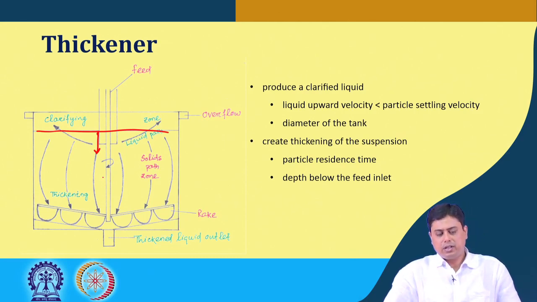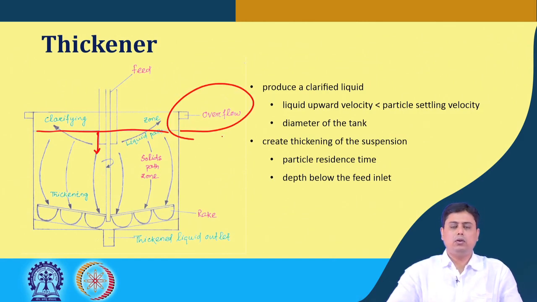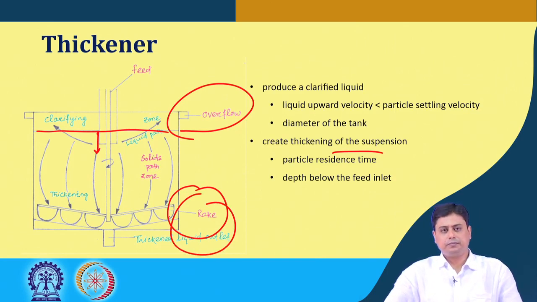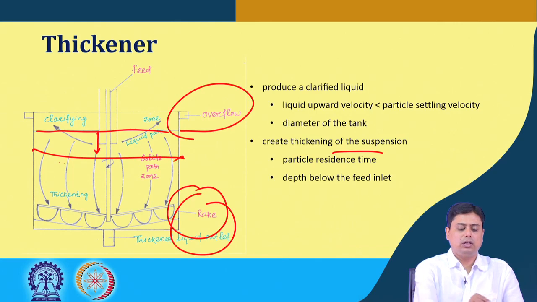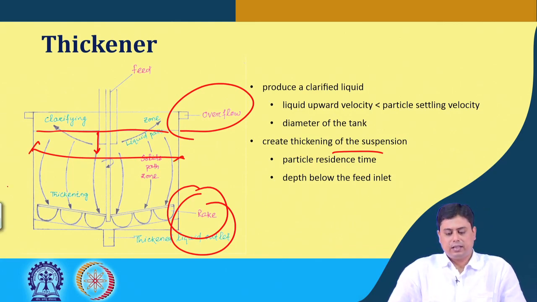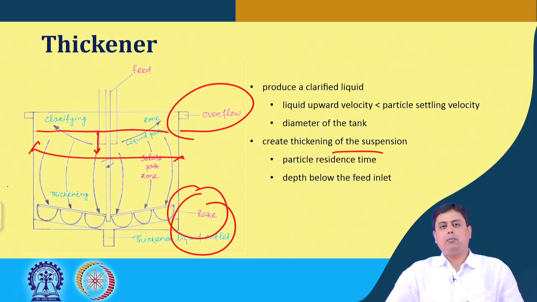Now, as I mentioned, this thickener has twofold objectives. One is to produce the clarified liquid, the overflow, as clear as possible, and the other is creating a thickened suspension. To produce the clarified liquid, we have to focus on the diameter of the vessel, because in this section the liquid upward velocity has to be lesser than the particle settling velocity.